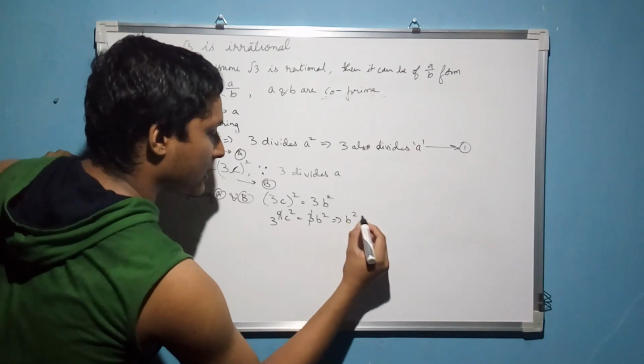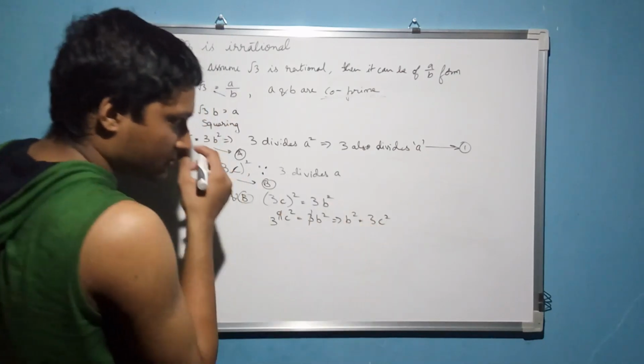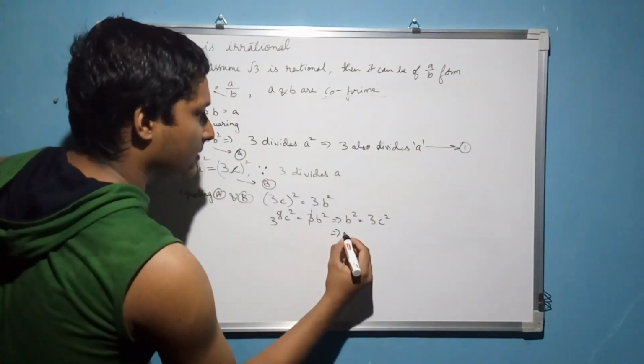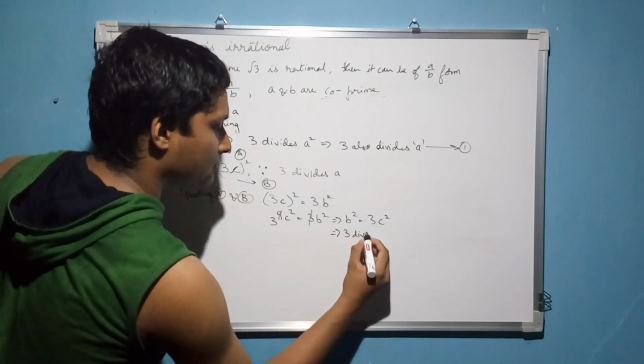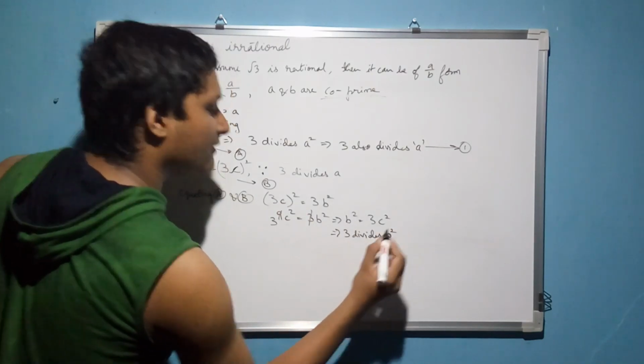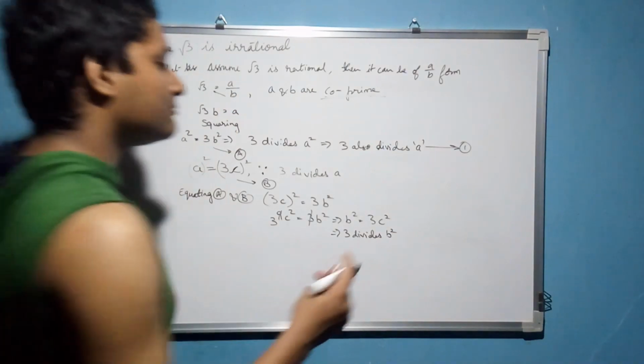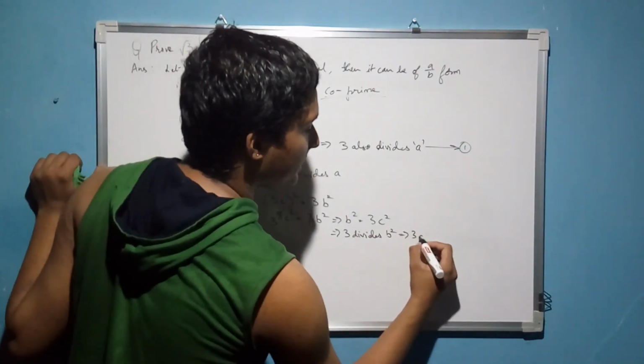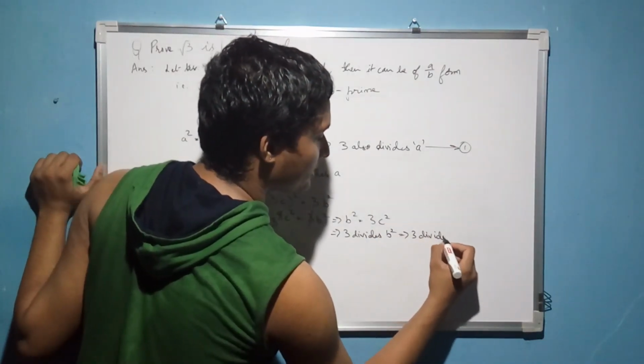Let me write it as b square is equal to 3c square. That implies that 3 divides b square. From the theorem we just learned, we write that 3 divides b also.